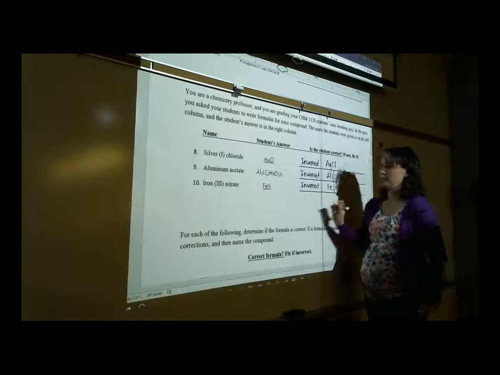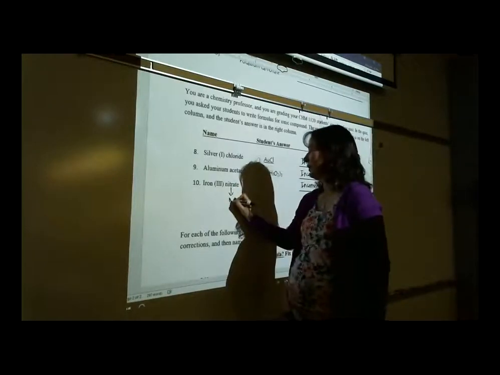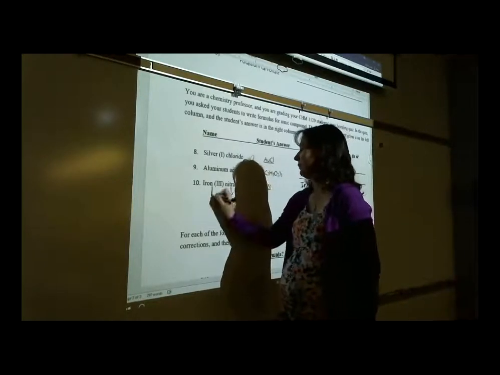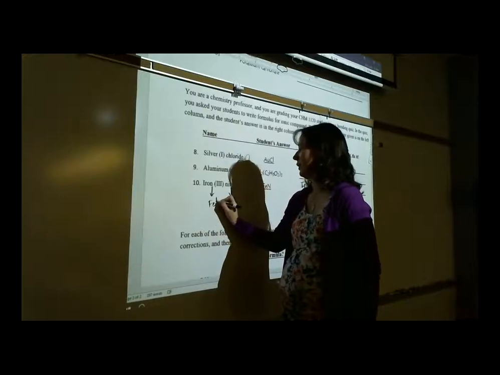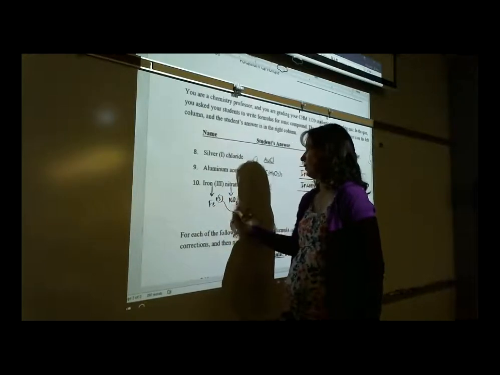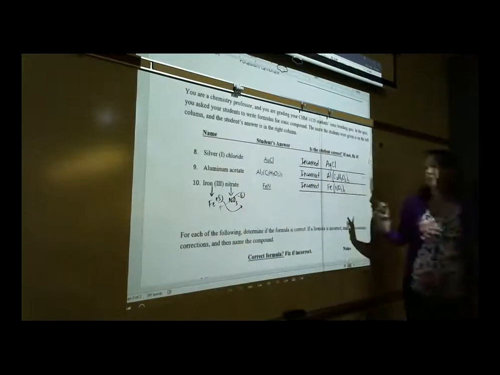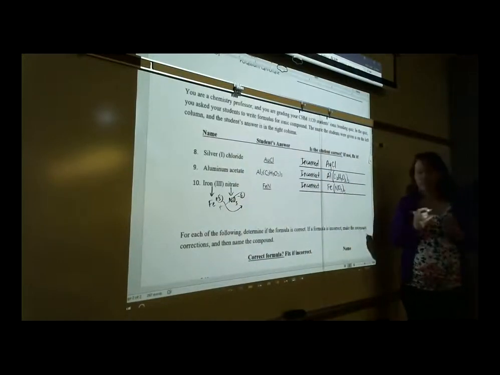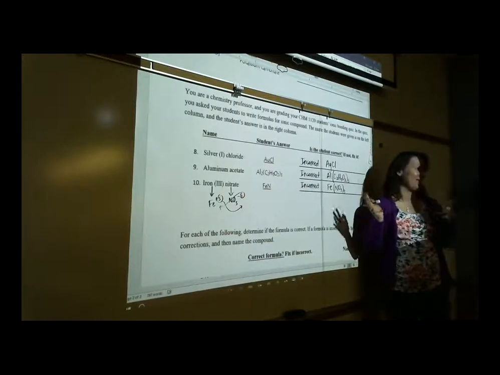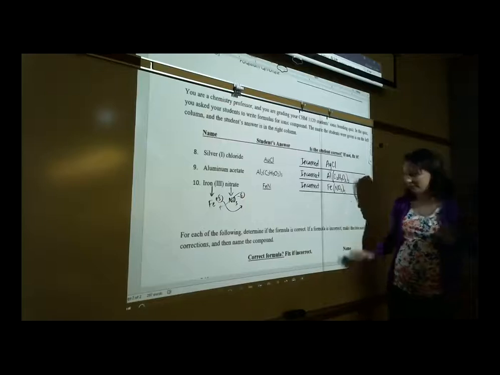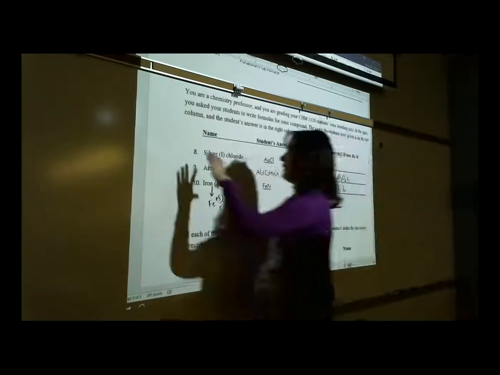All right, because nitrate is NO3 minus, and this is telling me it's Fe plus 3. So when you crisscross those, that's where the formula comes from. Nitride and nitrate get mixed up by students a lot too. Try to make up ones that I see a lot so that hopefully you don't make those same mistakes. Any questions on these ones?